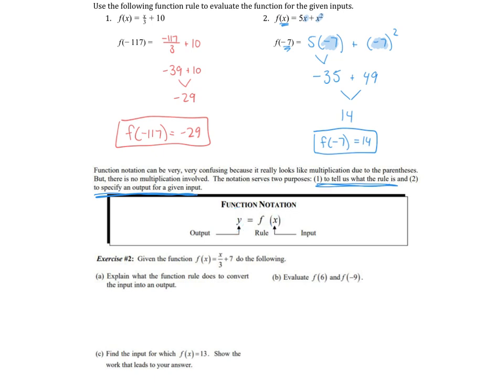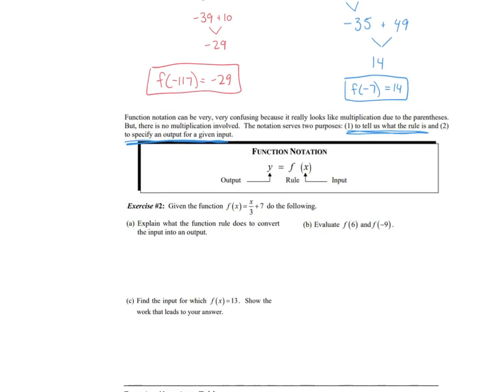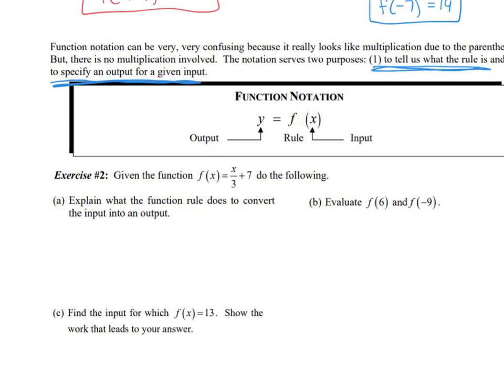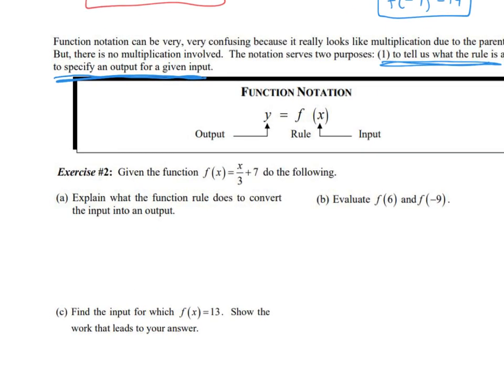All right. So given the function f of x equals x over 3 plus 7, do the following. Part A says explain what the function rule does to convert an input into an output. So we want to explain what steps are happening here. Well, let's go step by step, converting our input to our output. Our input's x.